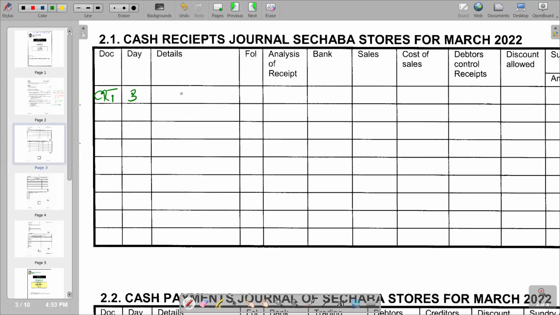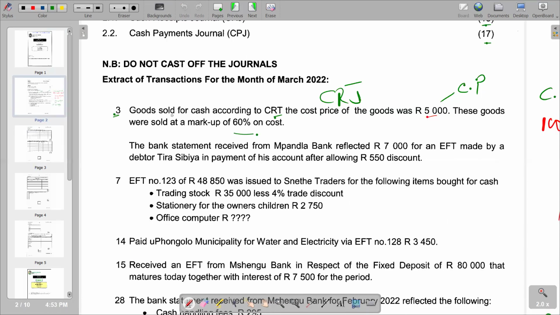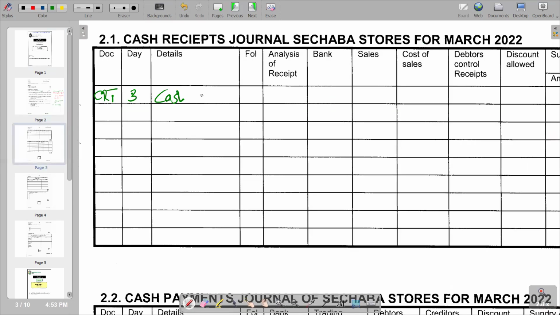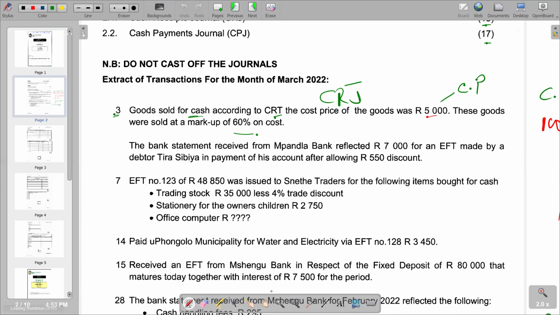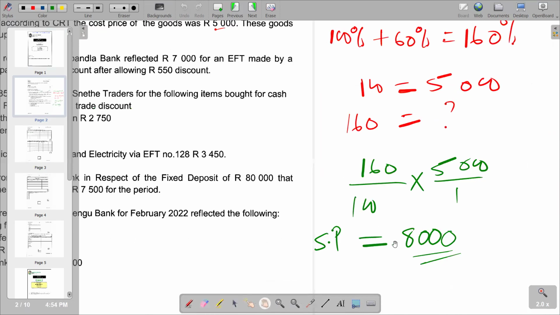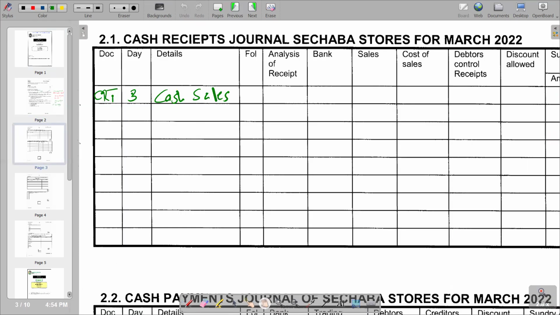Then on details, if you go back, you'll see that these goods were sold for cash, so these are cash sales. Then on analysis of receipts, we put the total value in terms of the selling price, which is 8,000 according to our calculations. So we put our 8,000 here.